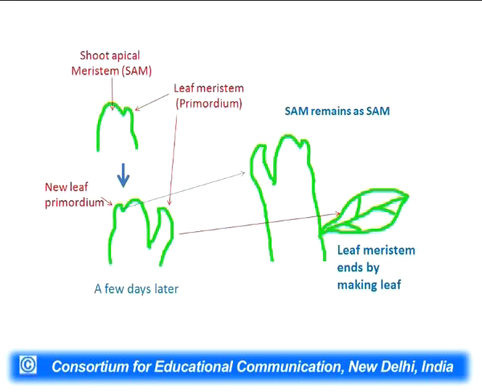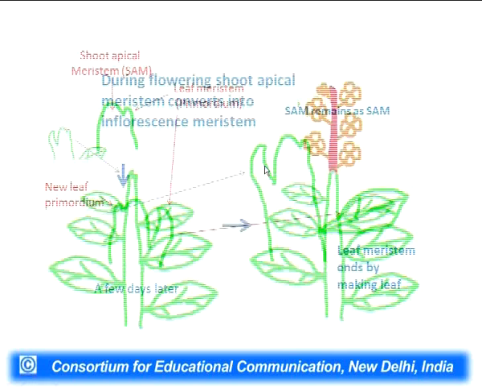Now, again we will discuss what kind of differences these two types of lifestyle or reproduction style have in terms of making the offspring. This is the slide I showed you earlier, that the shoot apical meristem continues and gives rise continuously to leaf and leaf.